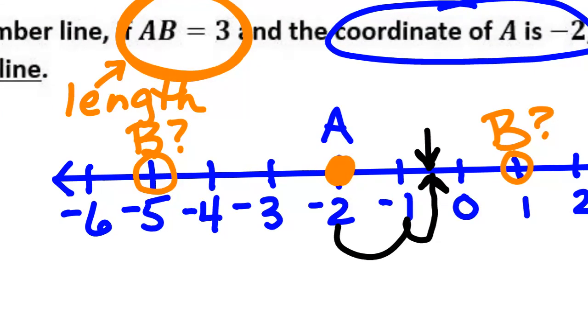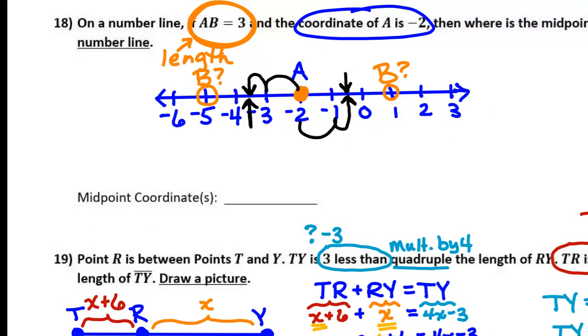Or I could go the other way, 1 1/2 a hop to get to the other possible midpoint. Is this one on the positive or negative side of the number line? This is negative, because over here is where the positives start, on the right side of 0. This is on the negative side, and we're not all the way to -1 yet. Where is that?